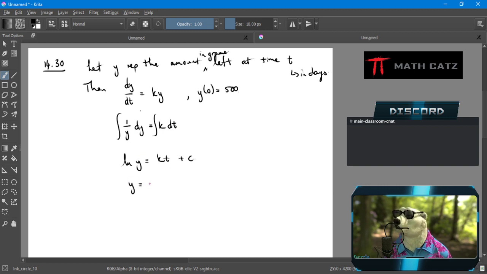Then I solve for y, and I write to a more convenient integration constant instead of e to the c.